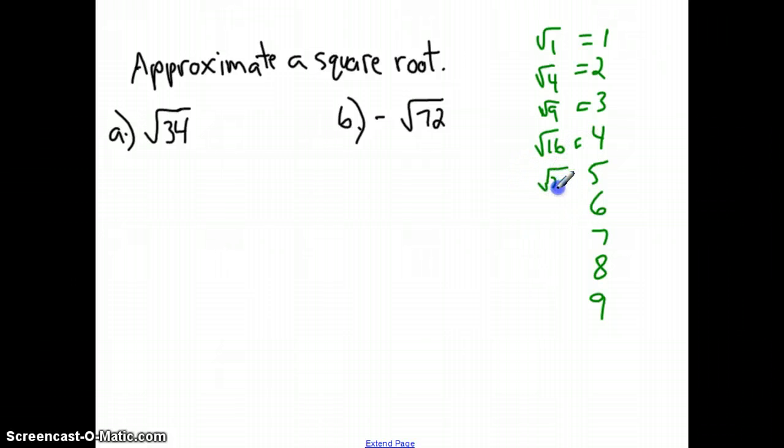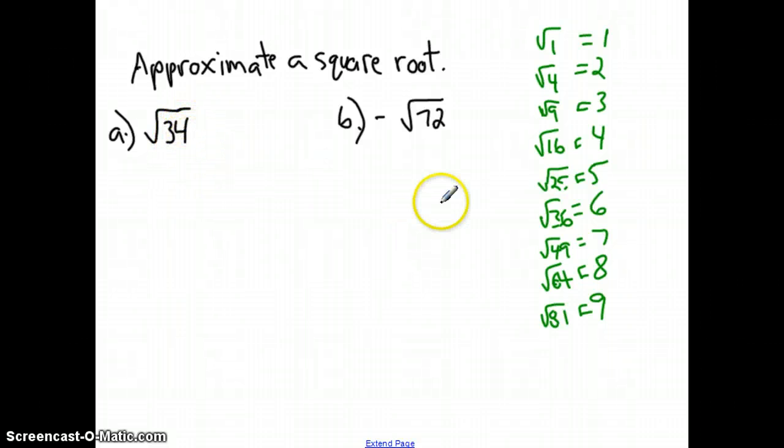Square root of 25 gives us 5. Square root of 36 gives us 6. Square root of 49 gives us 7. Square root of 64 gives us 8, and square root of 81 gives us 9.